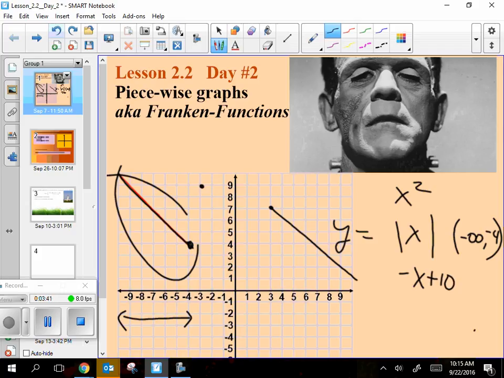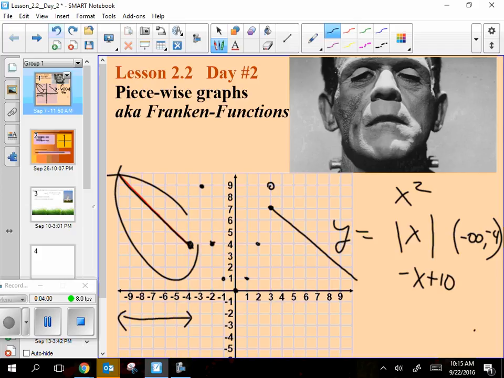At 2 or -2 it would be 4. At 1 it would be 1. At 0 it would be 0. At 1 it would be 1. At 2 it would be 4. At 3 it would be 9. And why am I putting an empty circle up there? Because that's already got that spot.